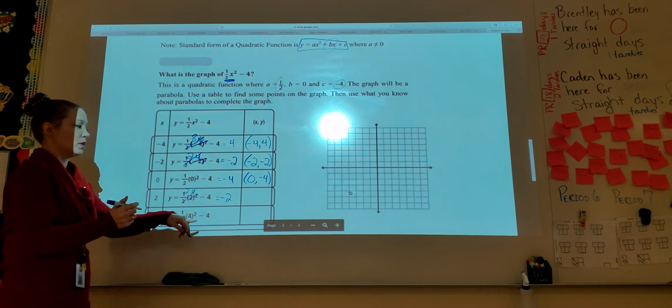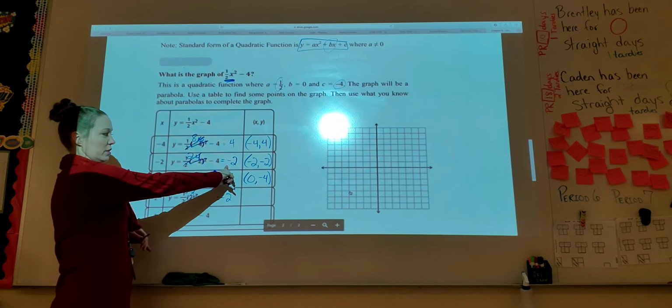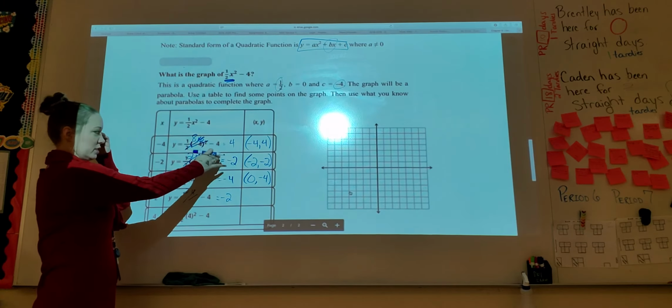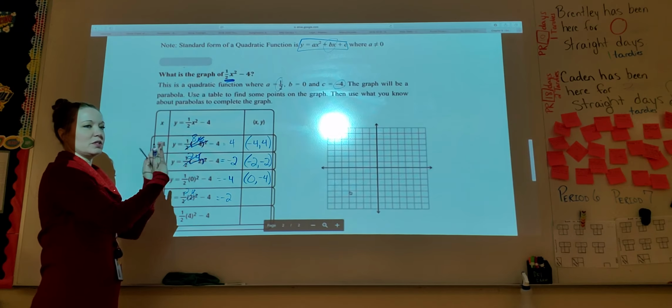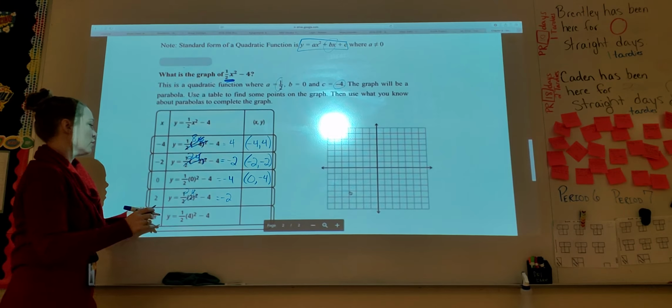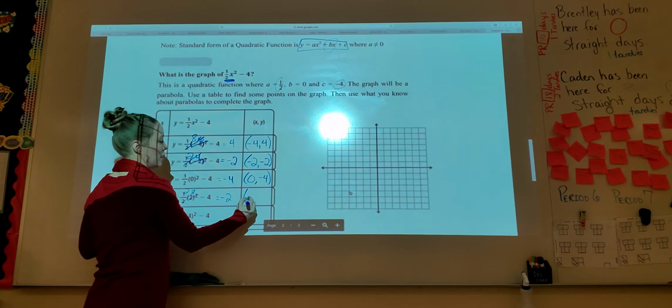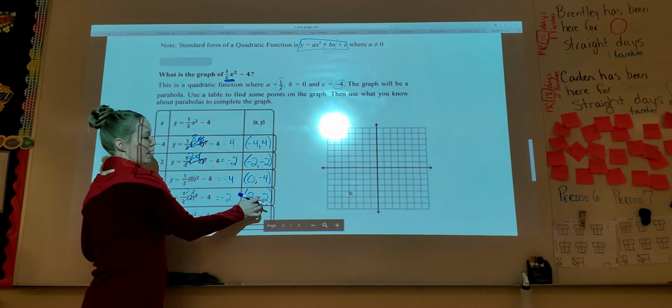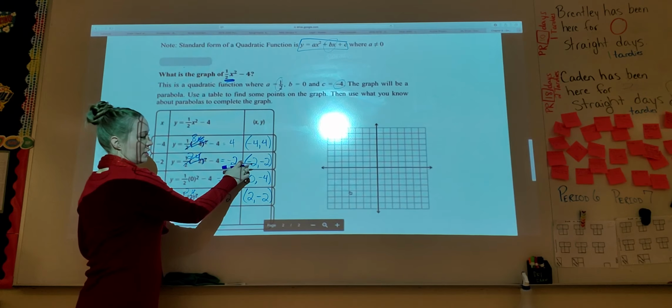Isn't that the same? We got that up here, didn't we? That's because these are going to end up being the same because they're the same distance from the line of symmetry, and I'll show you that when we start plotting. But you will end up repeating some of your y's. Your x was different, so that x was -2. We got -2 as our y.